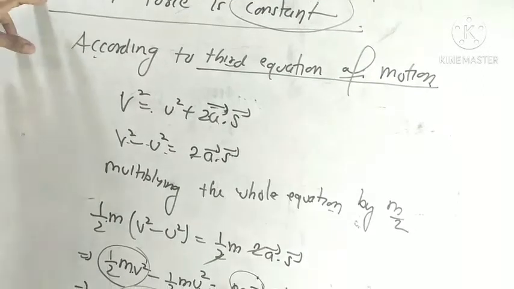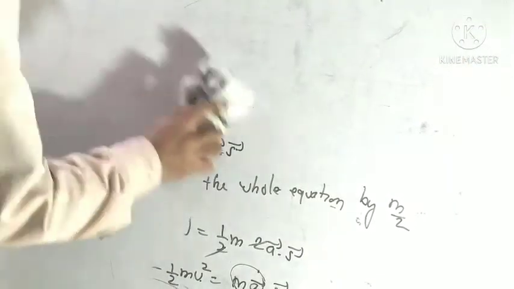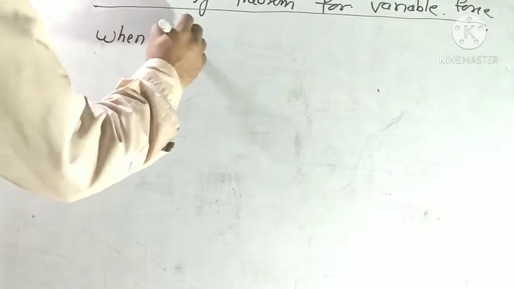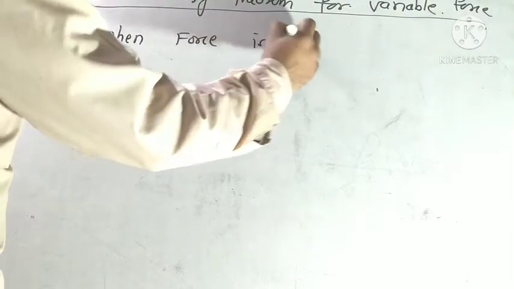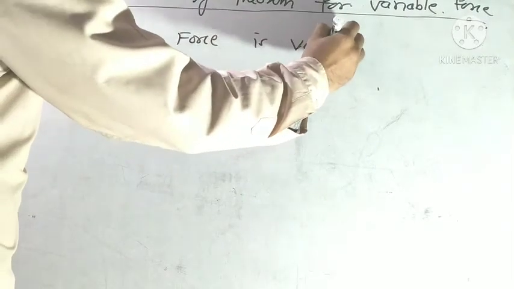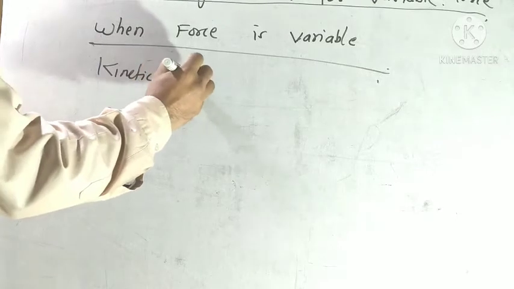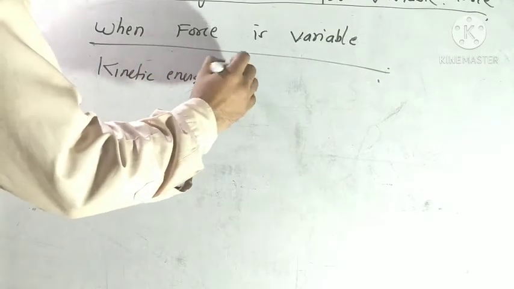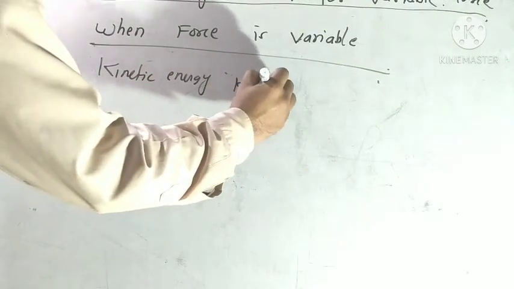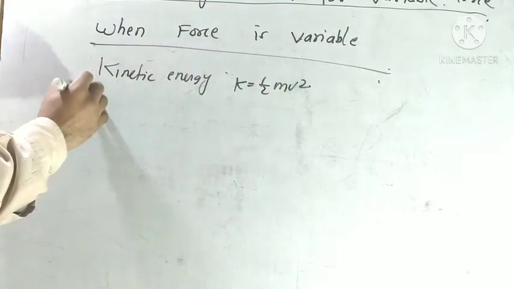But now the second case, when force is variable. In this case, we already know the formula of kinetic energy, K is equal to half m v square.